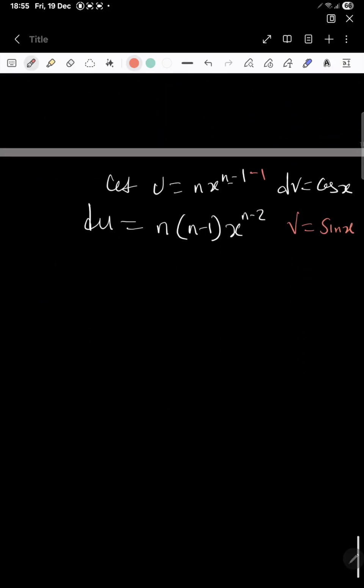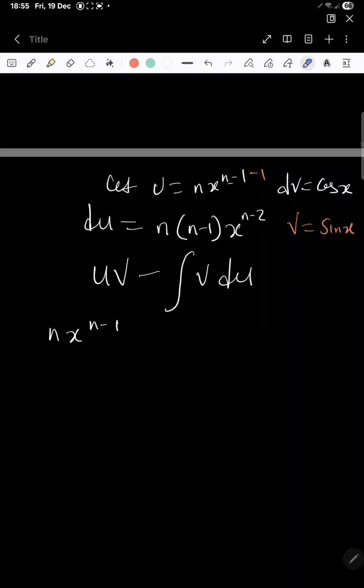So after getting these parameters, what you're supposed to do is to replace them in the formula. So the formula is uv minus integral of v du. So our u is n x to the power n minus 1, which is this one here. All right, like that.